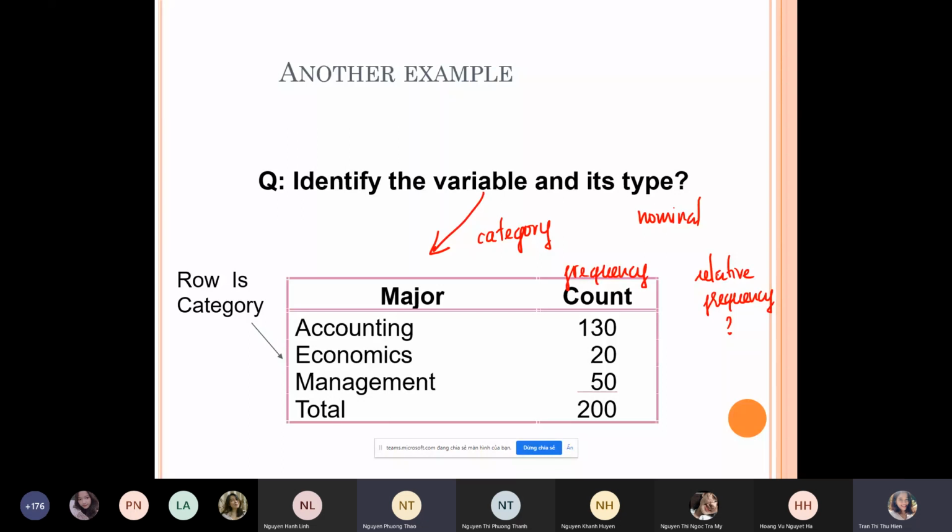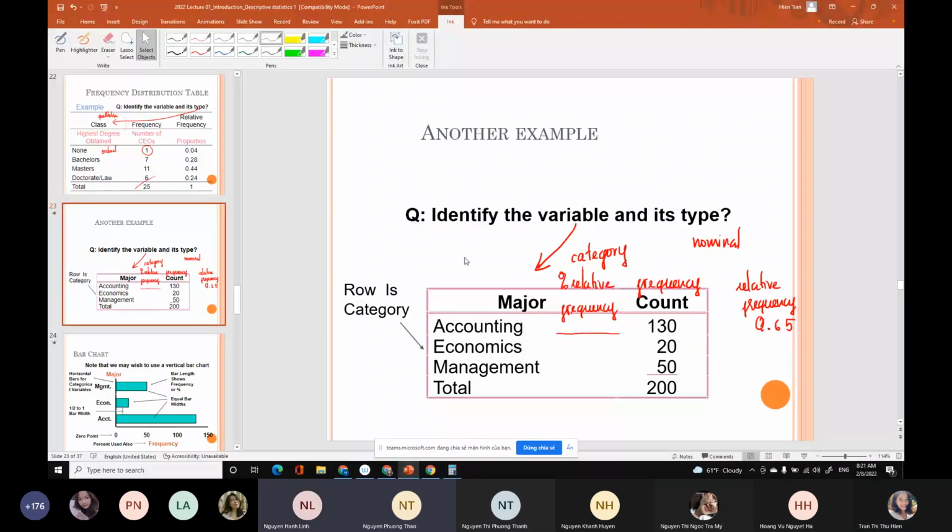What about the percent relative frequency? Is it 0.65? Can you guess what the percent relative frequency is? Type the answer in your chat box.